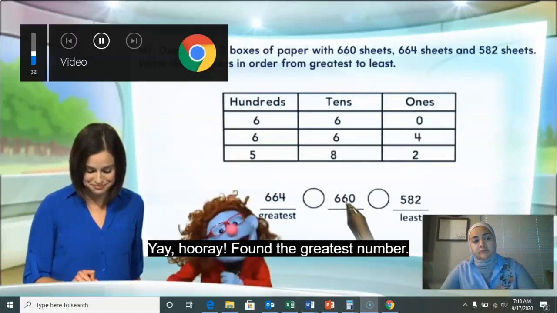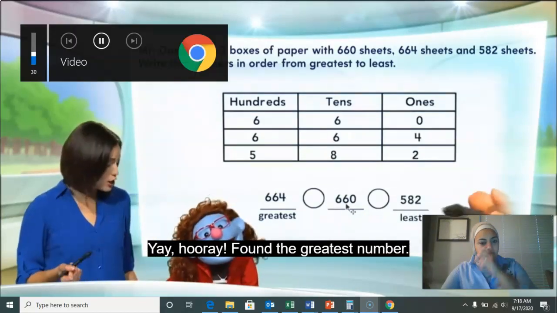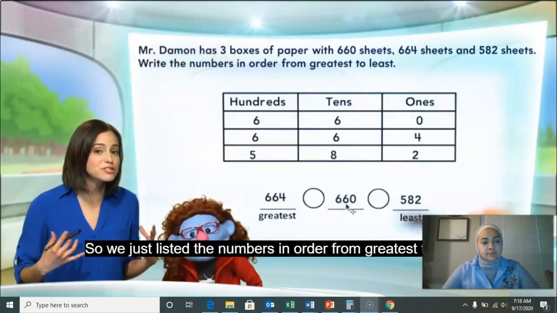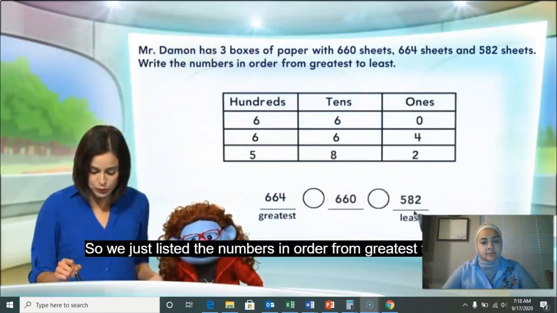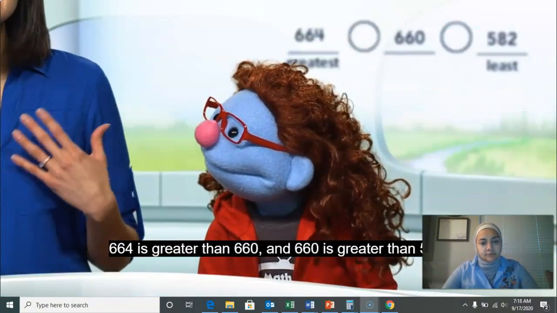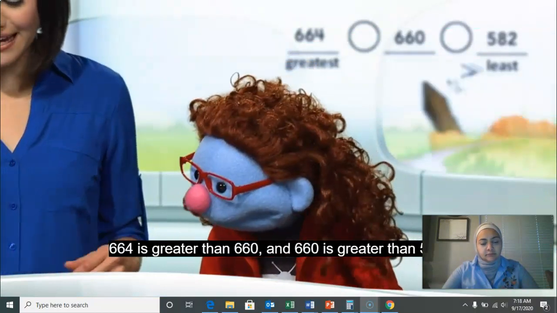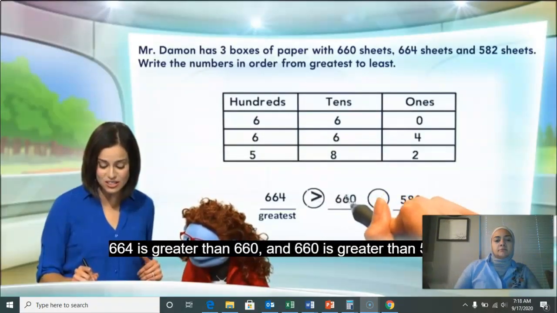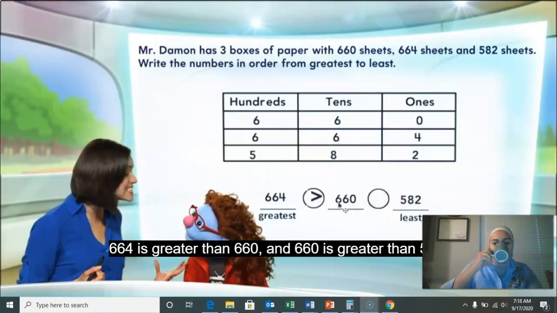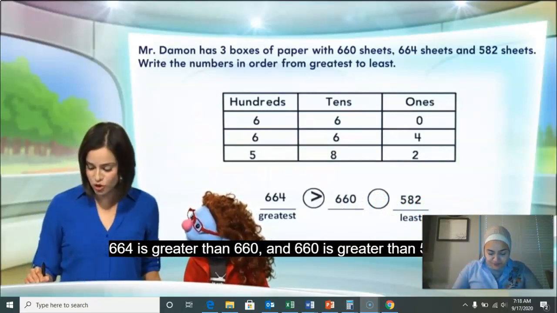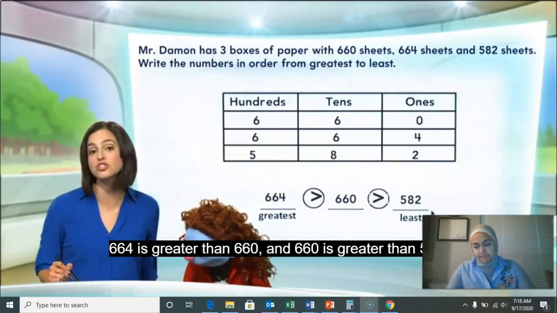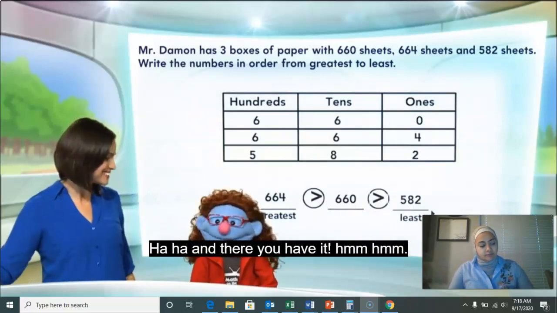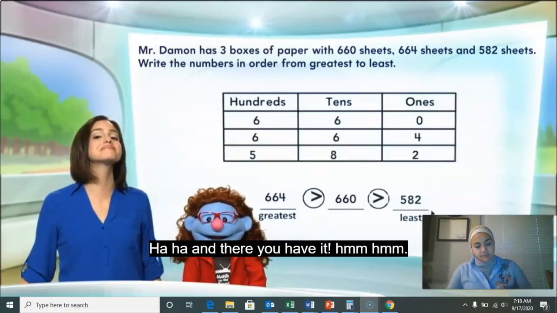Yay, hooray for the greatest number. So we just listed the numbers in order from greatest to least. 664 is greater than 660, and 660 is greater than 582. And there you have it.